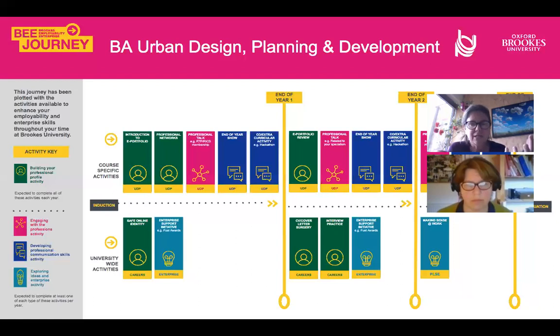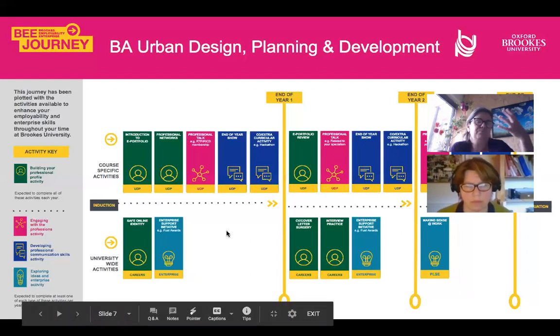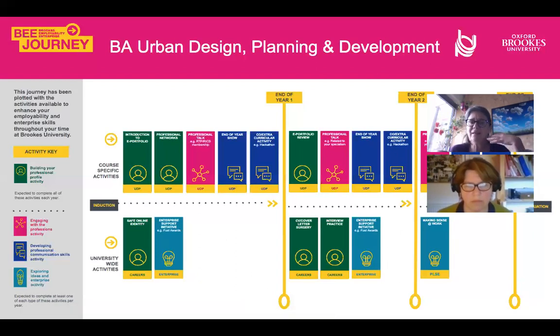So all the green activities would be the ones that the students would be expected to complete, all of them. The pink, the blue, the light blue, and the darker blue, they would be expected to complete just a few of them. And that will vary according to the programs and depending on the year as well. So it might be that they can pick and choose.